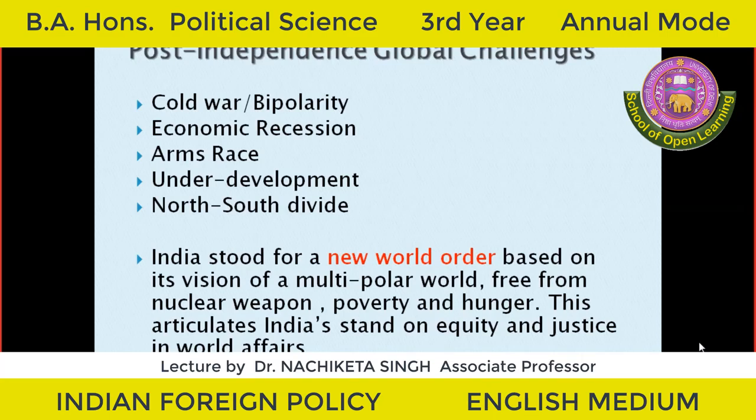One pole versus the other. One pole led by United States of America and the entire Western Europe and other countries of the world in Asia and other continents, Australia, and the other one led by Soviet Union, the former Soviet Union, and its allies. But where do you see India as a sovereign independent country pursuing its independent foreign policy?